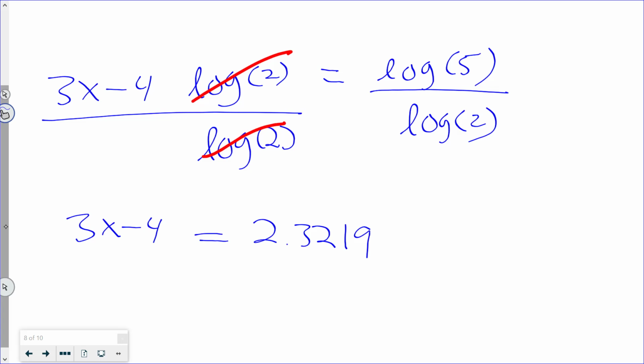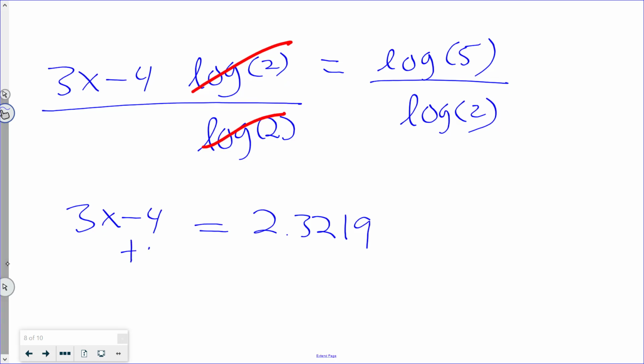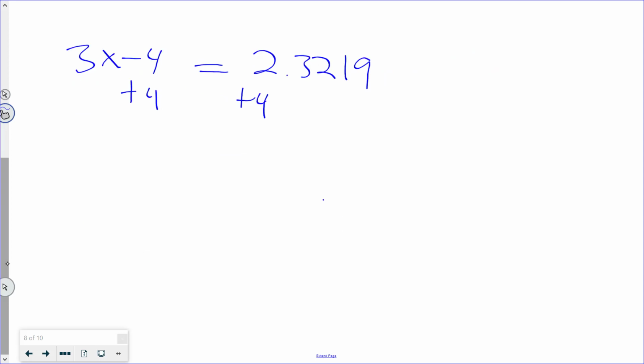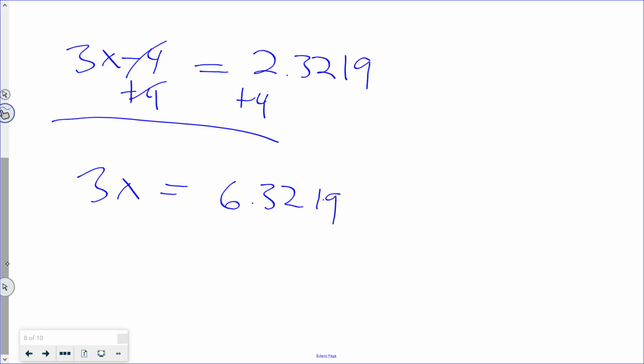All right, now what do you think is next? Haley, add 4. 3x equals 6.3219. And someone who I haven't heard from in a while. Yes, Madeline.